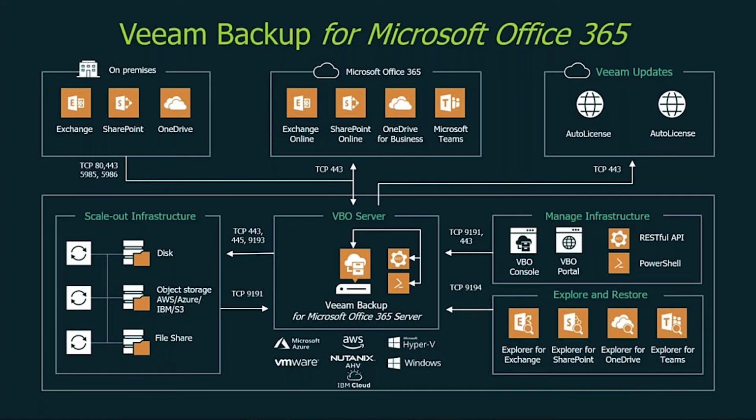And like I mentioned earlier, you get your console, you get your portal, and all your RESTful APIs from the same console. And even though you did have to install the Restore Explorers separately, you're still able to launch those Restore Explorers from the console itself. And Edward will actually cover some of these unique ways you can launch these Explorers from the console. And take it away with how to back up and restore, Edward.